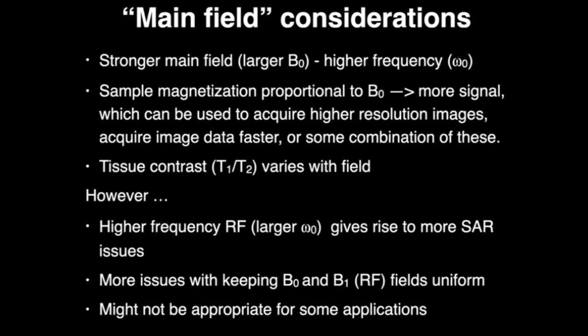And as 7T fields are becoming more common in the clinic, folks here have been working through these questions and trying to come up with reasonable answers. I think we've also finally been getting a better handle on this. As these fields get larger, it was more of a challenge to keep the main magnetic field and the RF fields uniform, but those are now becoming a little bit more routine.